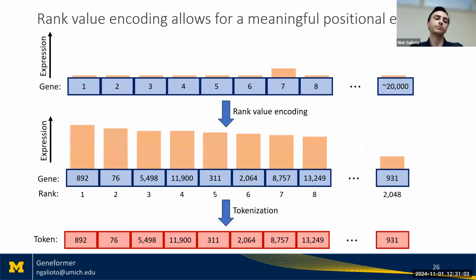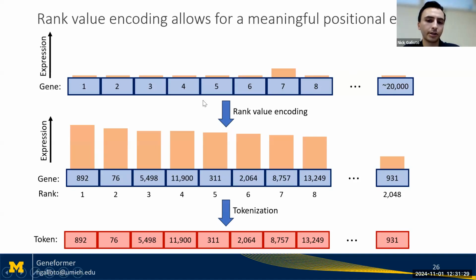The way that Geneformer does this, Geneformer being the foundation model that was developed for RNA counts for single cell RNA sequencing data, is that it will look at your data. So you remember it's this matrix of cells by genes, where for each cell, it will count the number of RNA molecules produced by each gene.